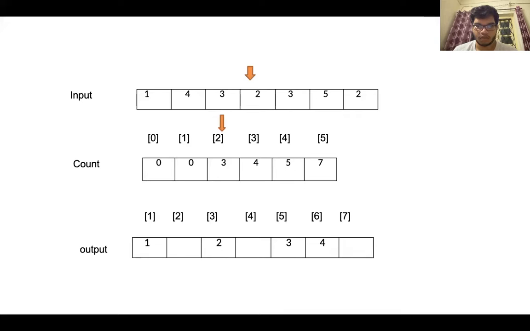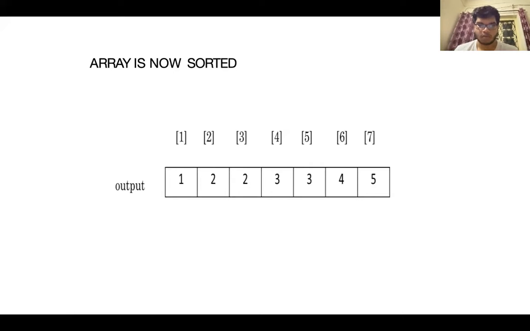Then 3 goes, then 2 goes, then again 3 goes, then 5 occupies position number 7, and finally 2 occupies position number 2. So the array is now sorted, as you can see.